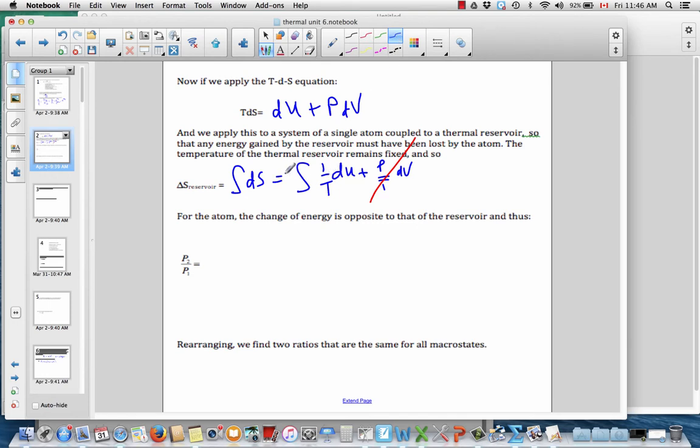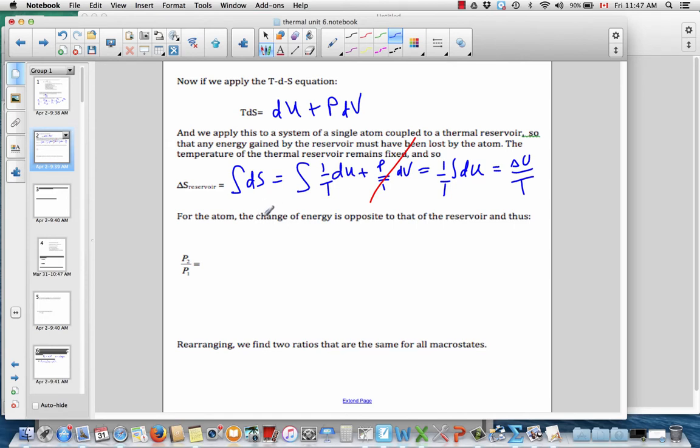And for our system, let's imagine that it's coupled to a thermal reservoir, and that thermal reservoir will stay at constant temperature, so the temperature term can come out. And so we see that the entropy change of this thermal reservoir just ends up equaling the change in internal energy over whatever that fixed temperature is.